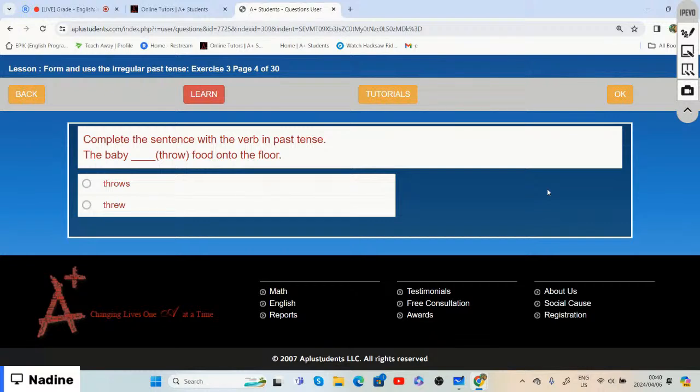We can say the baby threw because the baby doesn't want it.